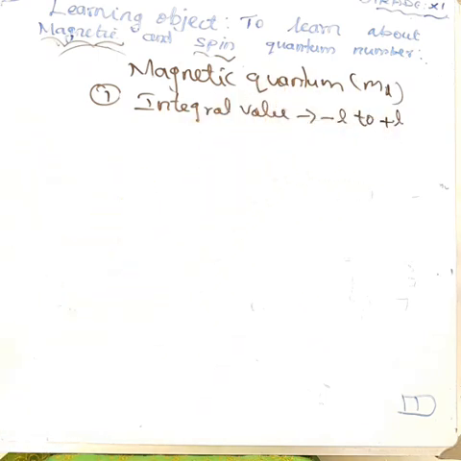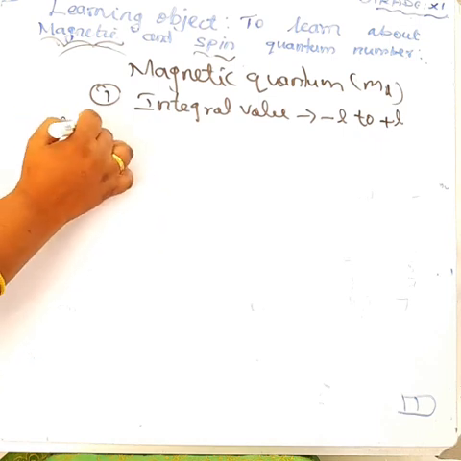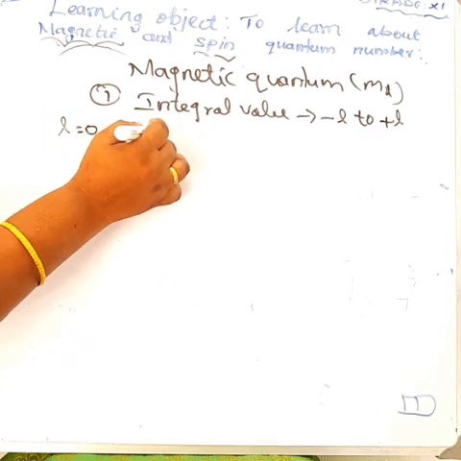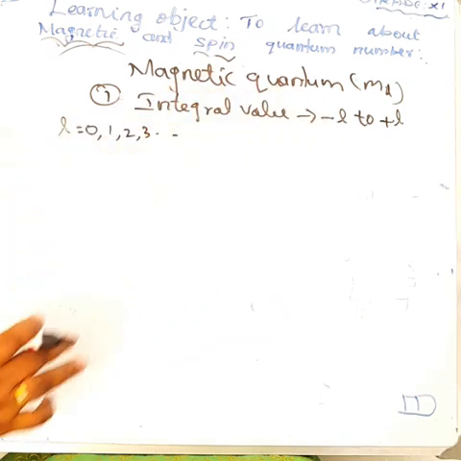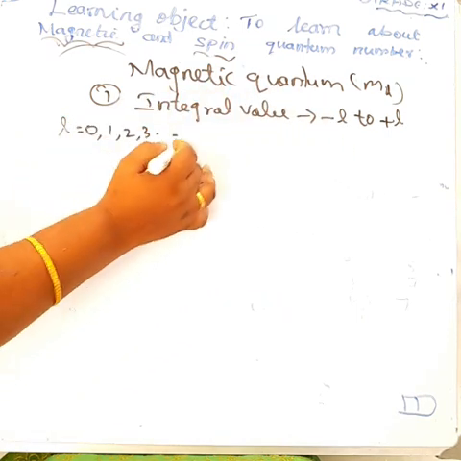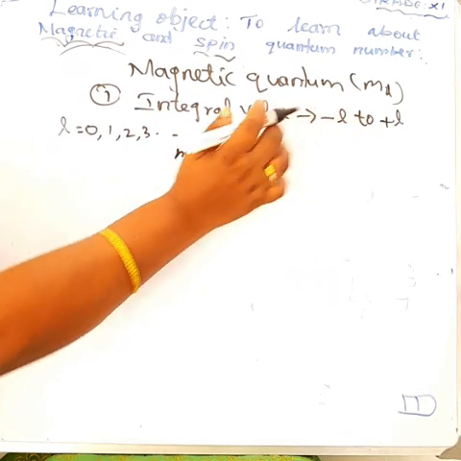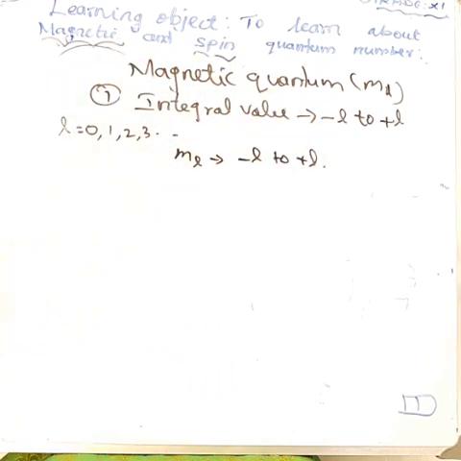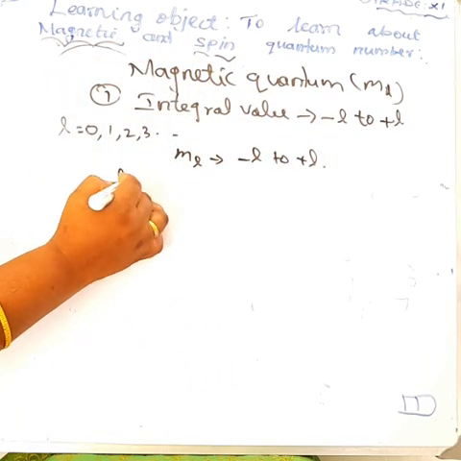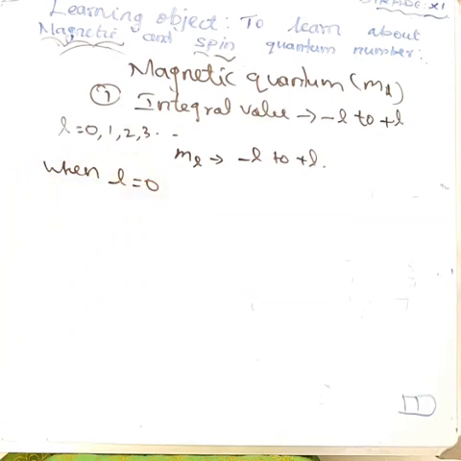So L value, how much? L is equal to 0, 1, 2, 3 and so on. What about the integral values for the magnetic quantum number ML? ML ranges from minus L to plus L. Suppose L is equal to 0, what is the integral value of the magnetic quantum number for this subshell?